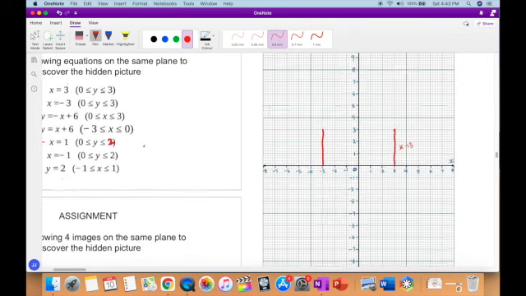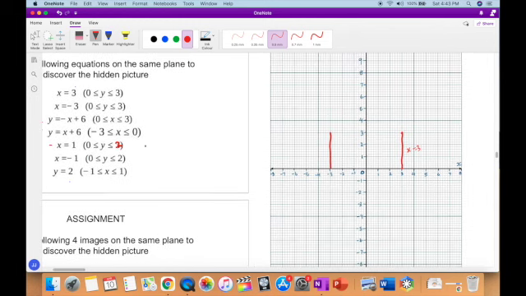So x is equal to 1 is a vertical line here between 0 and 2, and then the vertical line x is equal to negative 1 is on this side between 0 and 2, which is this.